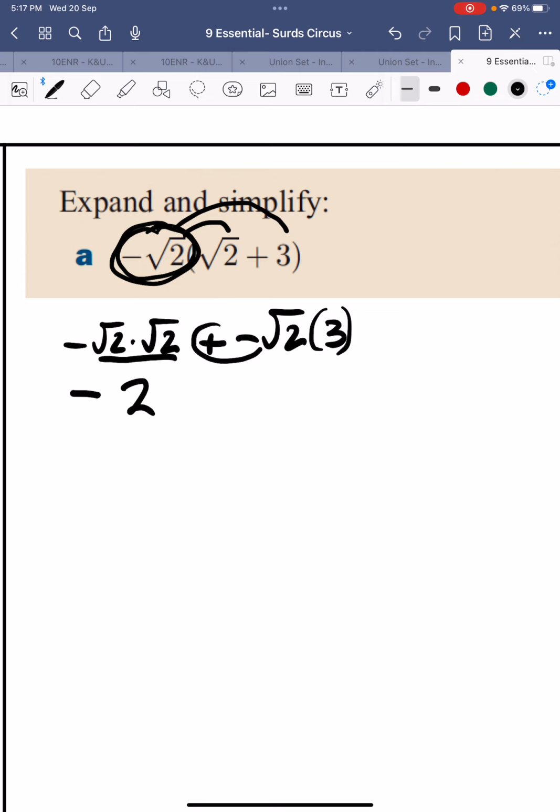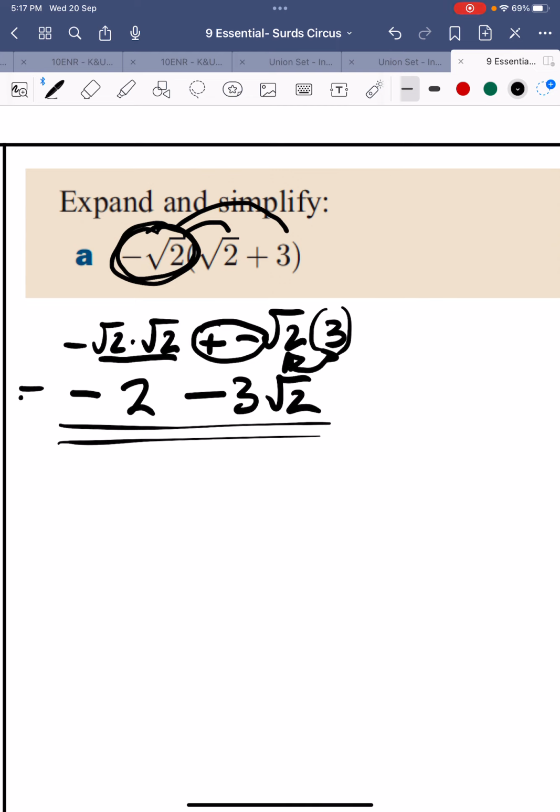Plus minus, we replace with a subtraction or negative. And again, look, we've got root 2 times 3. We can switch the order. That is 3 times by root 2. We can't go any further because of course, what we're seeing here is just a number, and over here we're seeing root 2's, so we cannot put those together.